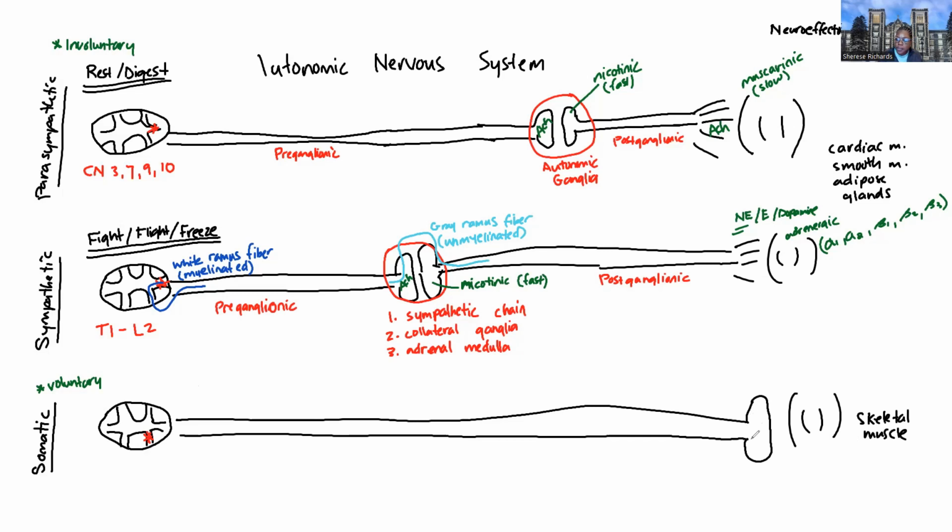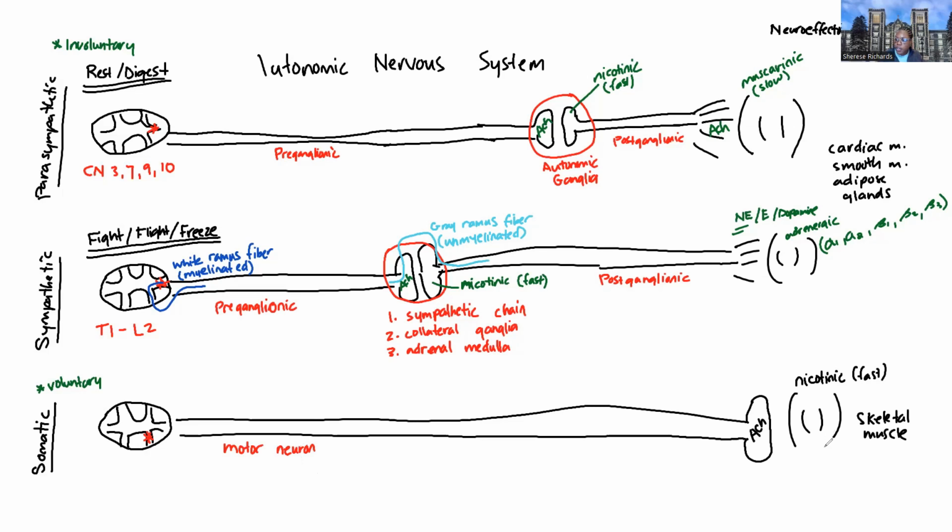Now, the neurotransmitter and receptors are pretty straightforward, always acetylcholine and always nicotinic fast receptors. So one receptor and one neurotransmitter. And then the name of this neuron is also different. This is a motor neuron. Okay, so that's just some of the major differences.